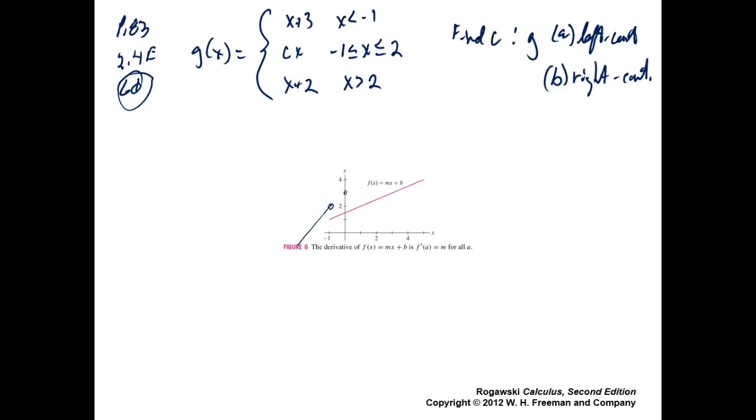I hope I drew it approximately the slope of 1. If this had continued to the y-axis, it would have been intercepted at 3, right? With a slope of 1, right? I don't have my slope quite right either.